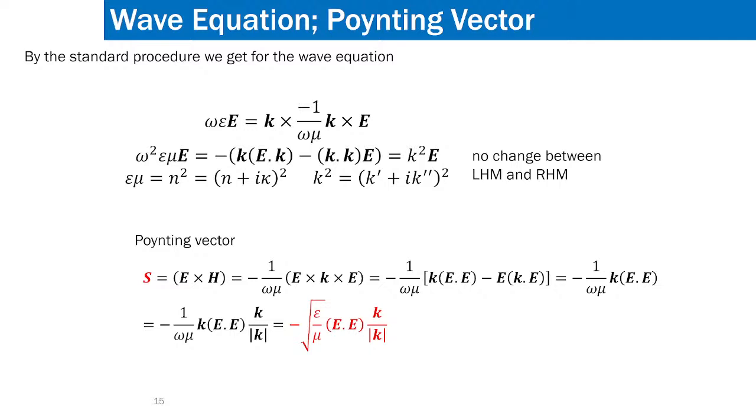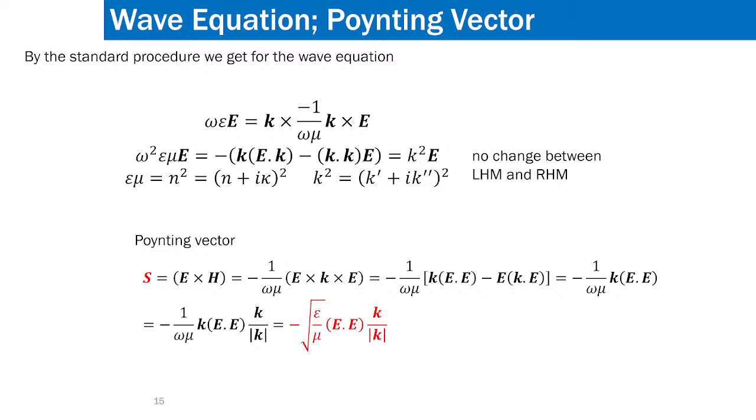So we are left with minus 1 by omega mu into k into E dot E. And now this k, being a vector, we can write as k into k by absolute of k, which gives us the unit vector of k.